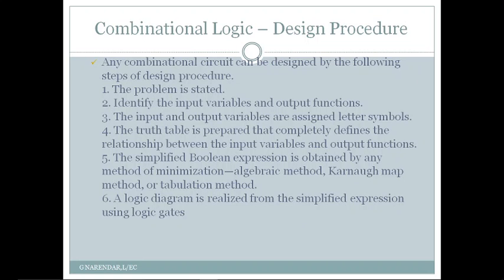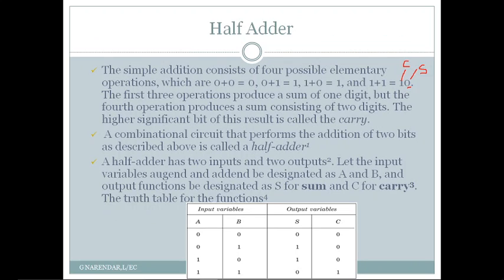So the next step is to identify the input variables and output functions. That means we need to identify the number of input variables and the number of output functions for the half adder circuit.